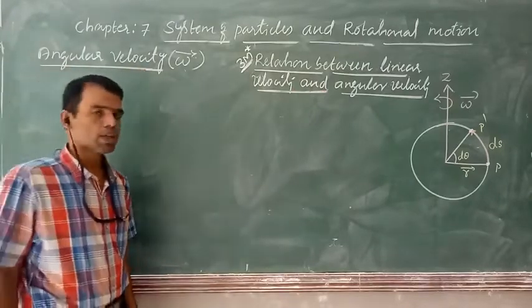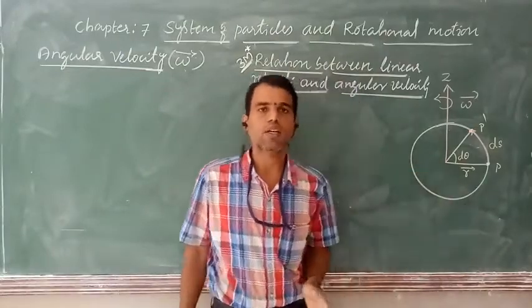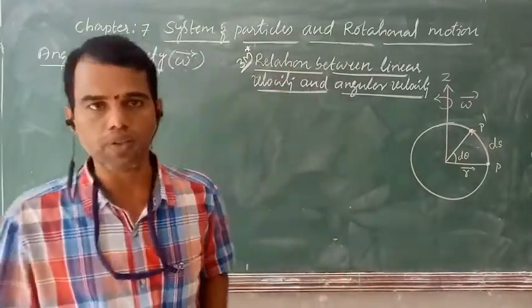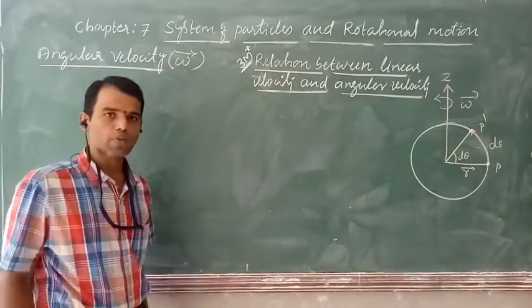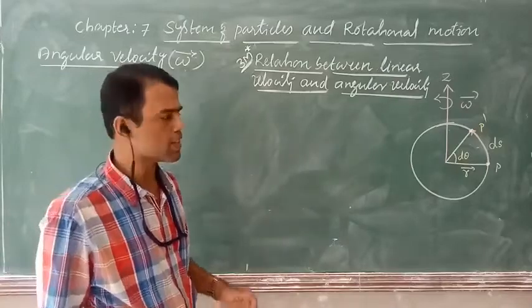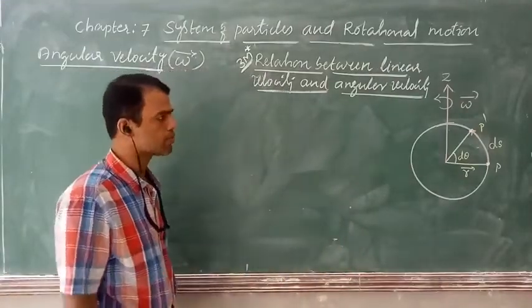We know that linear velocity of a body in motion is defined as the rate of change of displacement with respect to time. When a body moves along a straight line, the change in displacement with respect to time is called linear velocity.